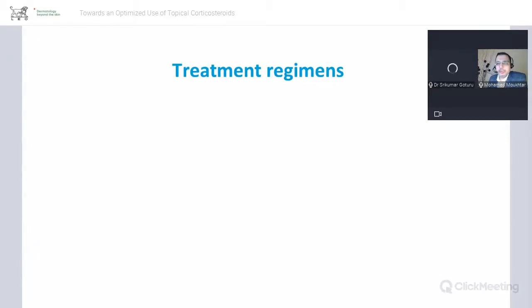In the control room, please try to fix the issue with Dr. Sri Kumar. And I can see that the slides are not moving, so it means that we have a technical connection error with Dr. Sri Kumar. I think in a few seconds everything will be okay and it will be solved.